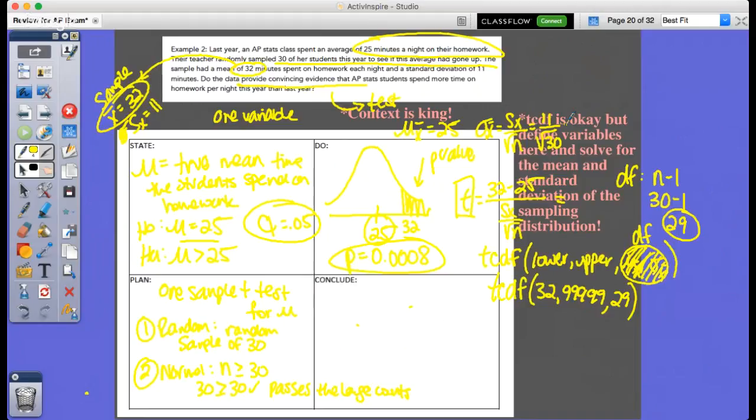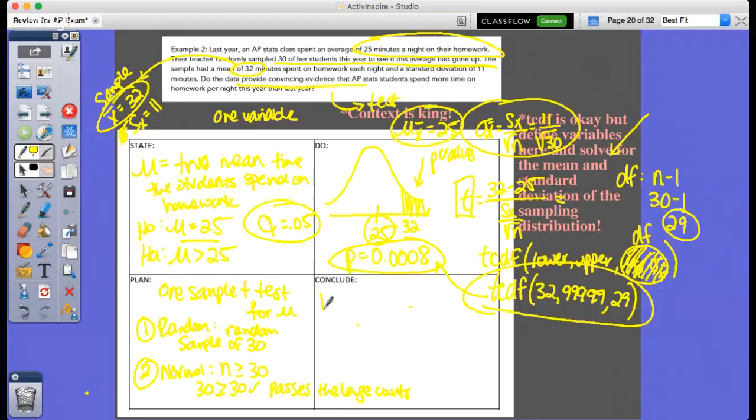One thing too, I put in my notes that a lot of times they still want you to solve for these two things, even though they may not state that. Right here, here we are. So make sure we still solve for the standard deviation and the mu of x bar. This is again on my sampling distribution. And once I get this, that's what I plug in to get this value of 0.0008.